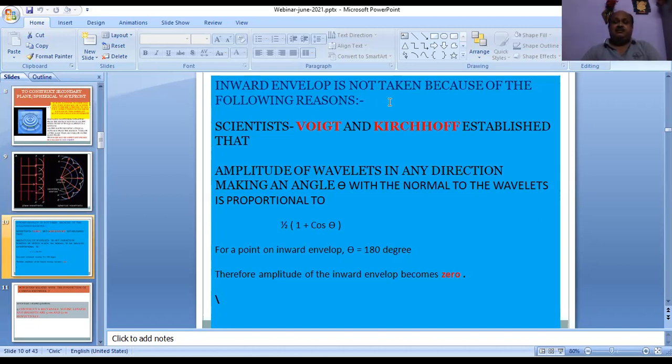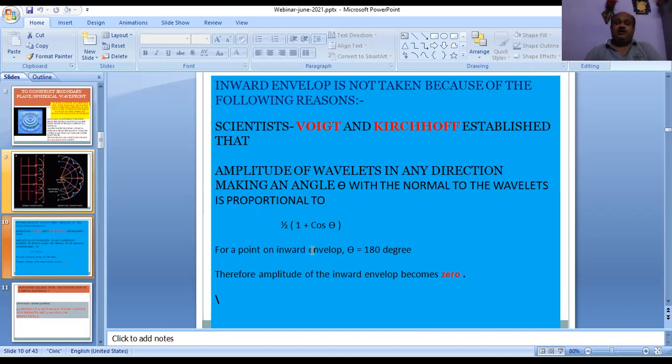The inward envelope is not taken because of the following reasons. I have taken only the outward or forward envelope, not the backward envelope. What is the reason behind it? According to the scientists Huygens and Kirchhoff, the amplitude of wavelets in any direction making an angle theta with the normal to the wavelets is proportional to half into 1 plus cos theta.